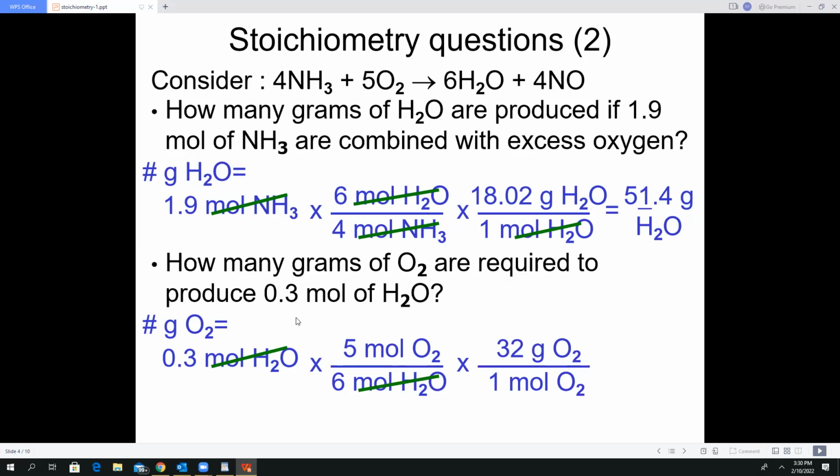Right? And as long as your moles can go away, you know you placed it correctly. And you multiply and you get 8. All right, multiply, divide, because you multiply 5 times 32 times 0.3 divided by 6.